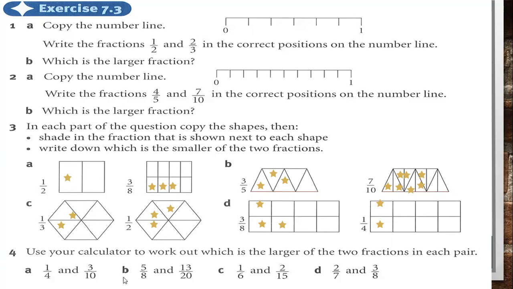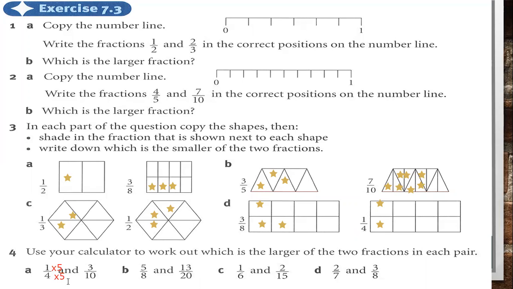Use the calculator to work out which is the larger of these two fractions. Okay, so you can try to make the denominators the same. How will you do this? You multiply by 5 here to make it 20 and here multiply by 2. Let's suppose I multiply here by 5 and here also I multiply by 5.